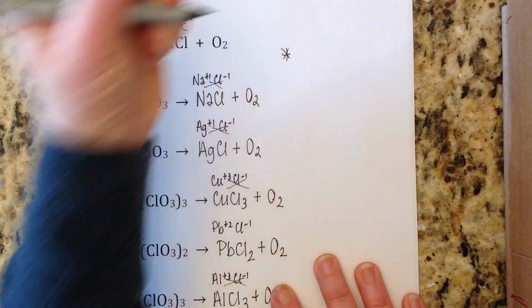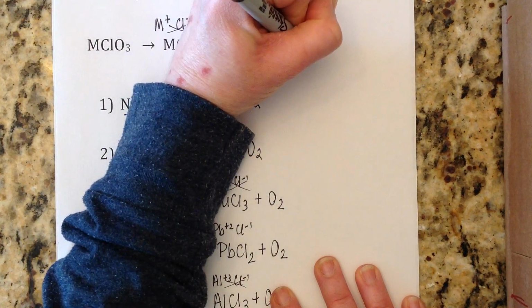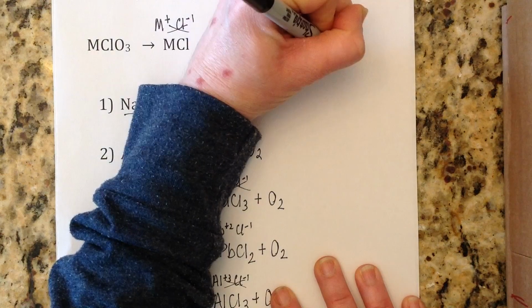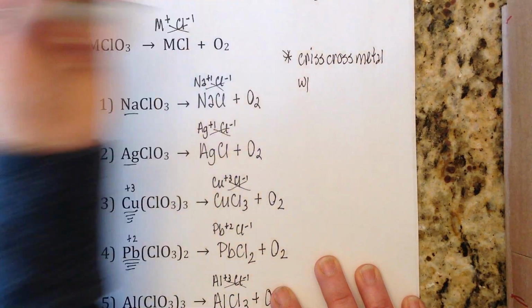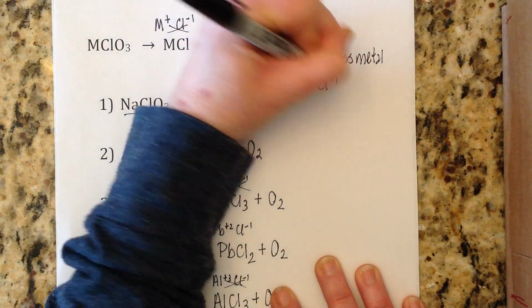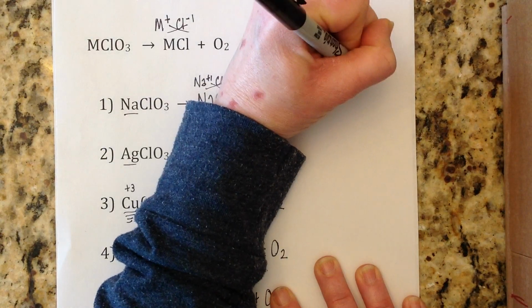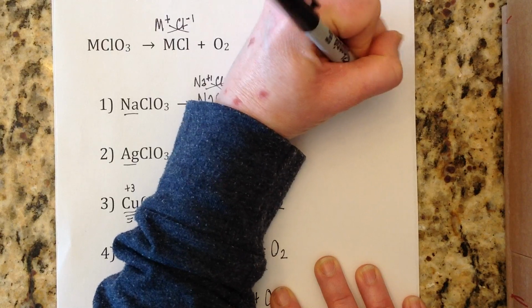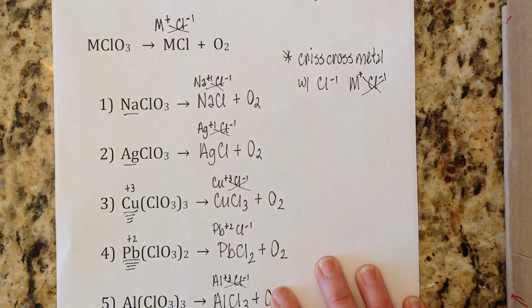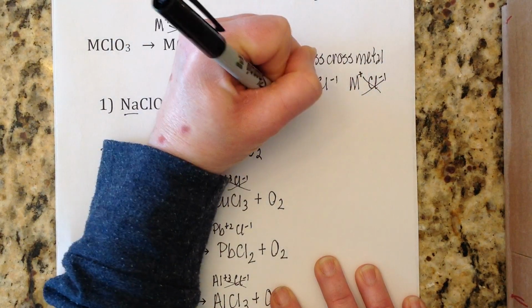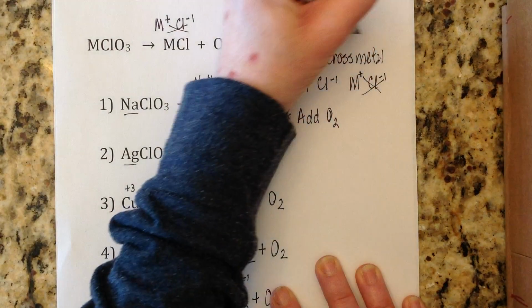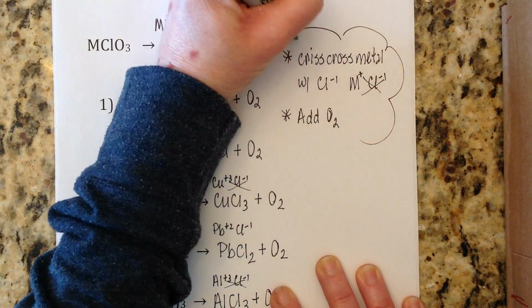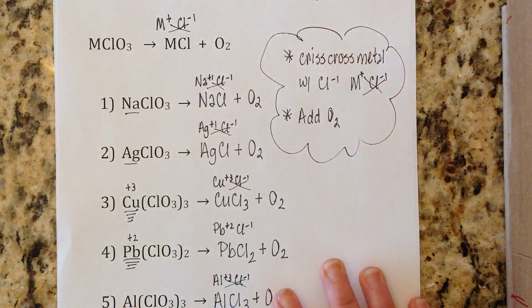The rules are, you're going to crisscross the metal with chloride, Cl with a -1, so it's going to be this and this crisscrossed, whatever that charge happens to be, and then the second step will be to add oxygen gas. So not hard. If you're a rule follower, you'll love these. If you're not, you'll get used to it really quickly.